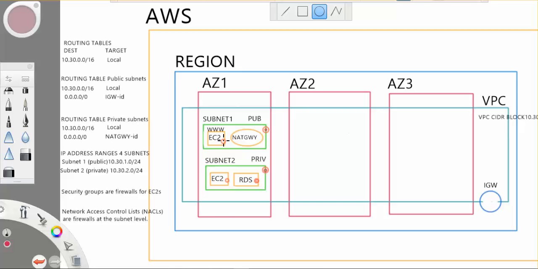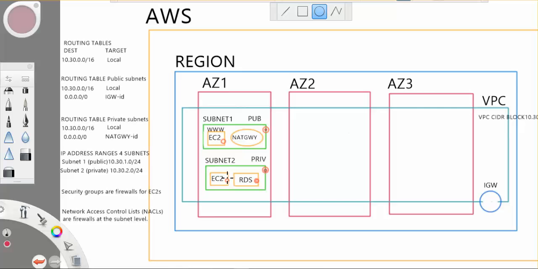HTTP, by the way, is associated with port number 80, and then you would be saying allow traffic coming from, and if you indicate that you want the traffic to come from the internet in general, then you would type in 0.0.0.0/0.